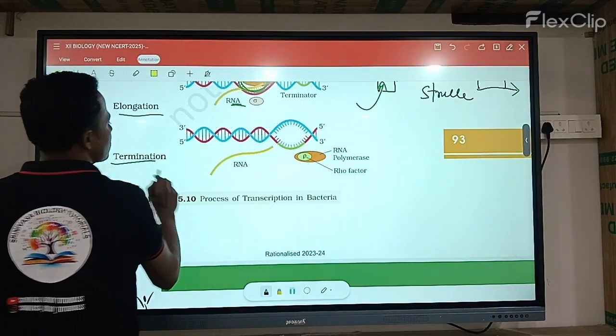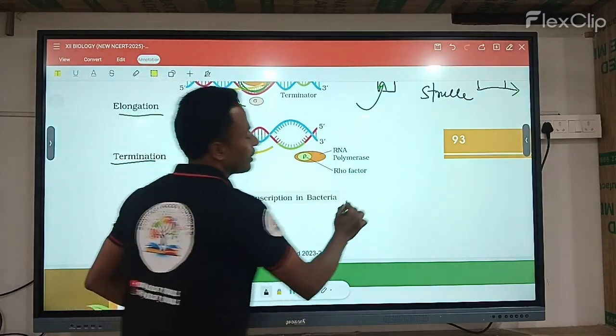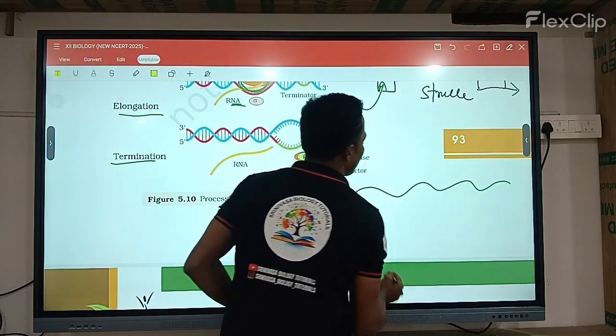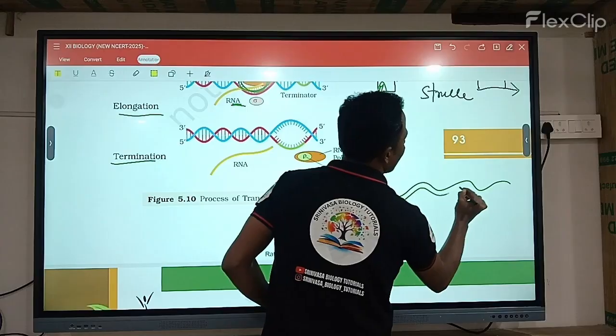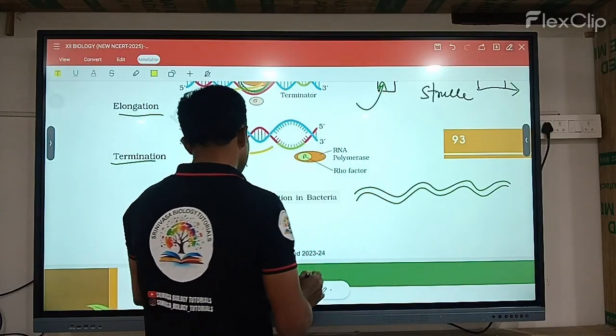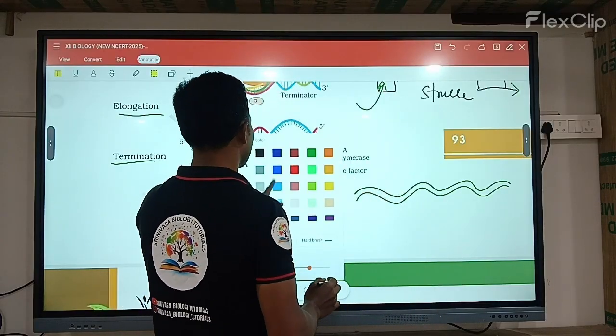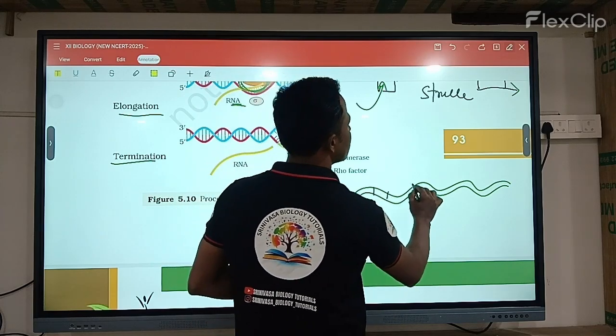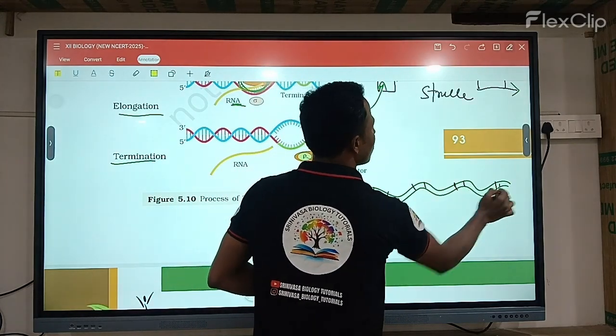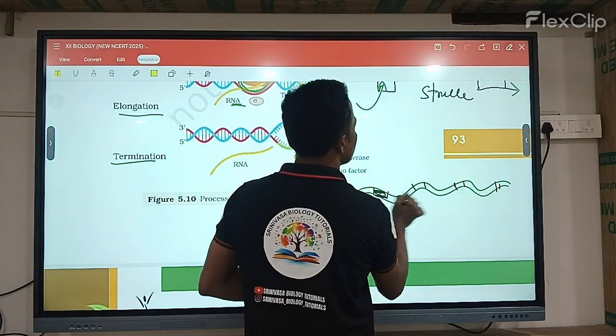So when splicing takes place, in the sequence of the mRNA, as we already discussed, there are introns and exons. These spots are called exons, right?